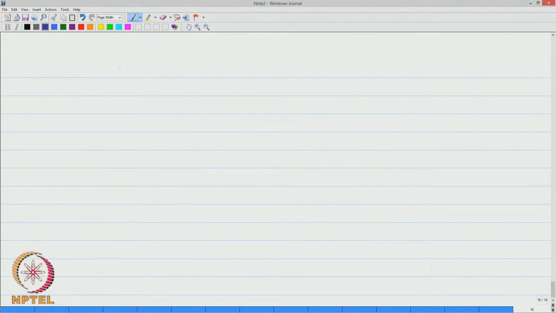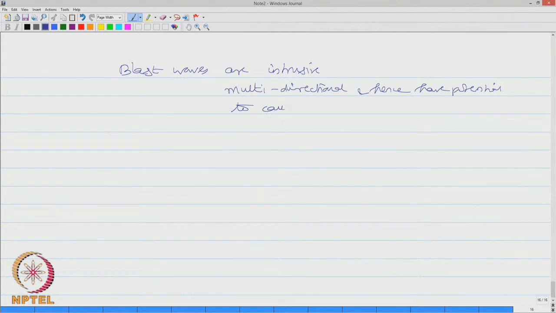It is interesting to note that blast waves are generally intrusive, multidirectional, and hence have potential to cause damage from all directions.